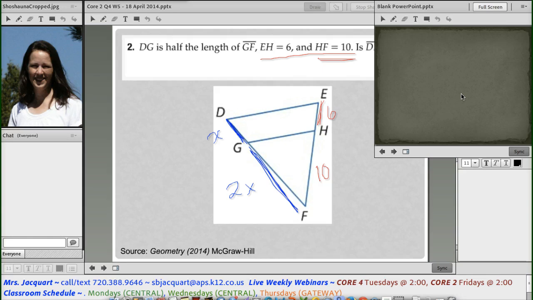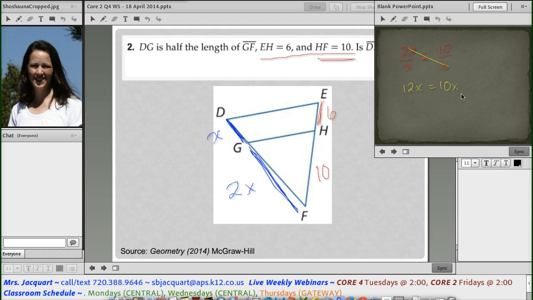First one, let's do 2x divided by x. Will that equal 10 divided by 6? We cross multiply, so that gives me 12x equals 10x.